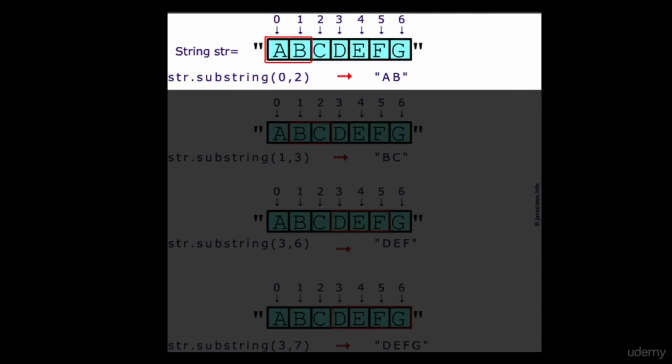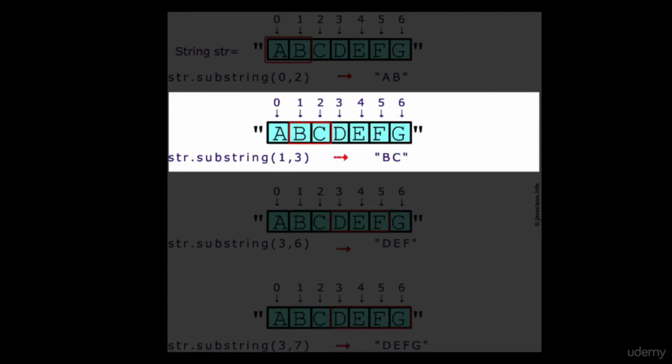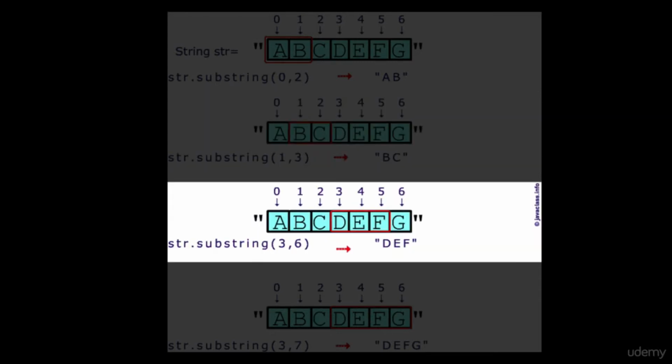When you look at this next example, here the starting point is index 1, which is B, and then we go up to, but not including, the character in the index 3. All right, so what that gives us is just between 1 and 3, which is just B and C. And then the third example, we start from the 3rd index, and then we go up to, but not including, the character at index number 6.